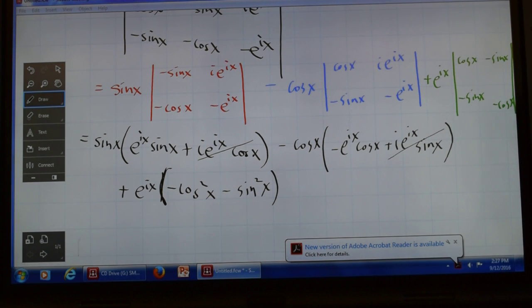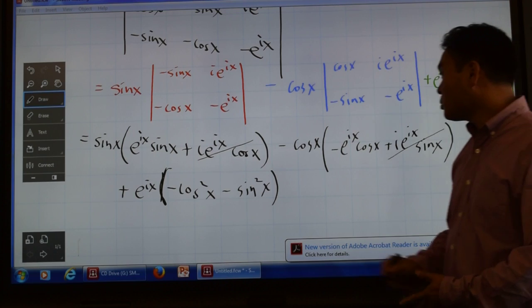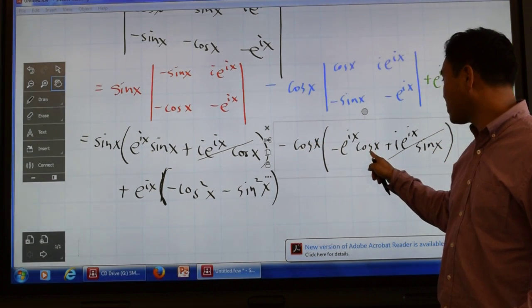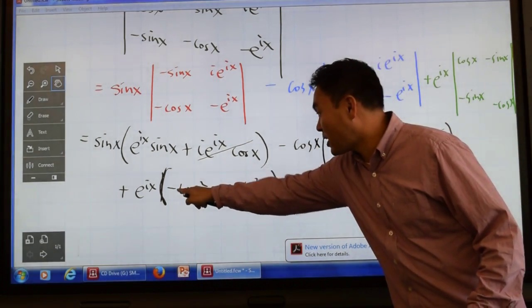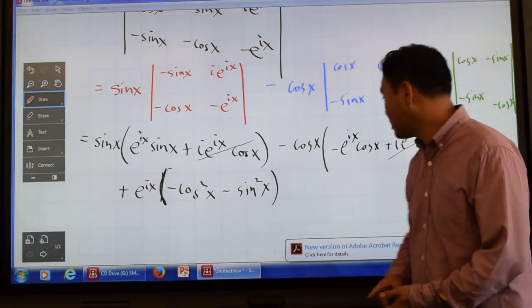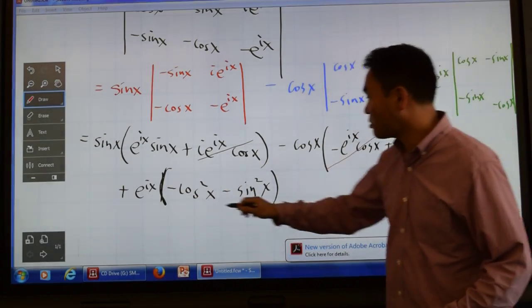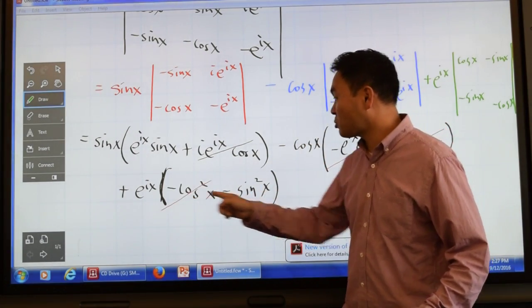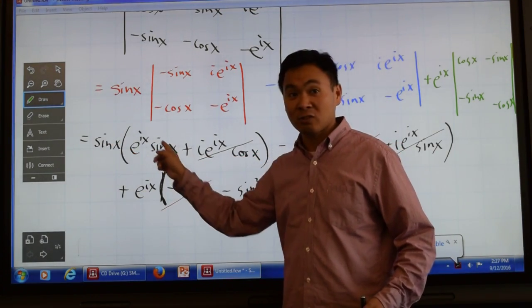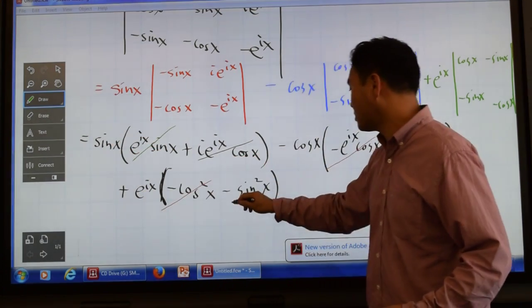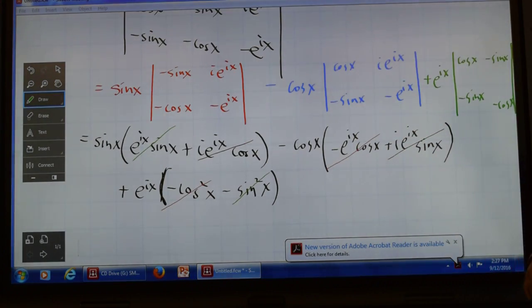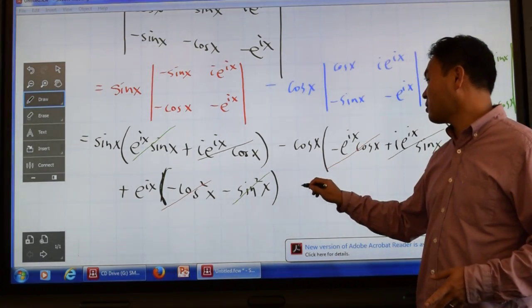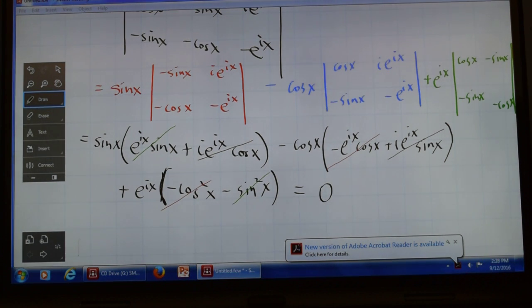And then the other ones, you have cosine with a positive, whereas this says minus, so these will cancel. And this one is negative sine squared times e to the ix, and this one is positive sine squared times e to the ix, so these two will cancel. So after canceling everything, you get 0, meaning that these three functions are linearly dependent.